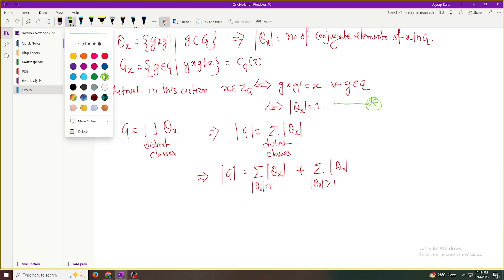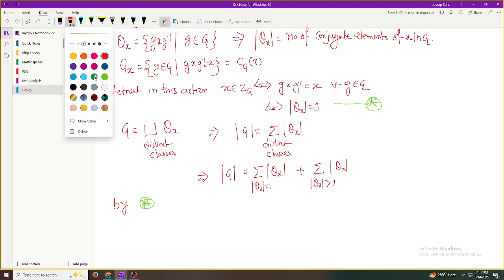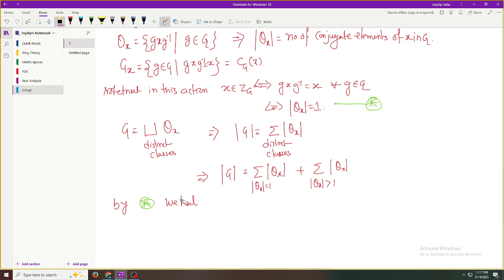By the green star we have, I write here this notation Z(G), the center of the group.